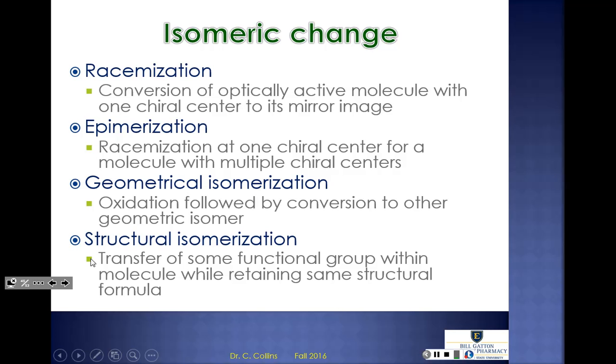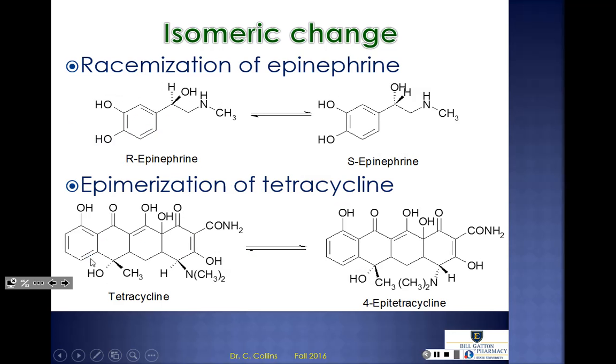Some of these reactions might occur in the elimination of the drug, in the metabolism or biotransformation of them in the body. So R-epinephrine to S-epinephrine, tetracycline to 4-epitetracycline.